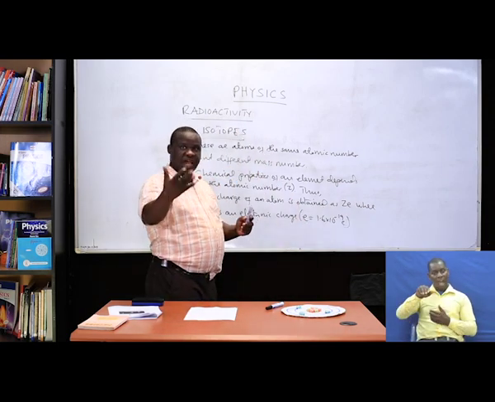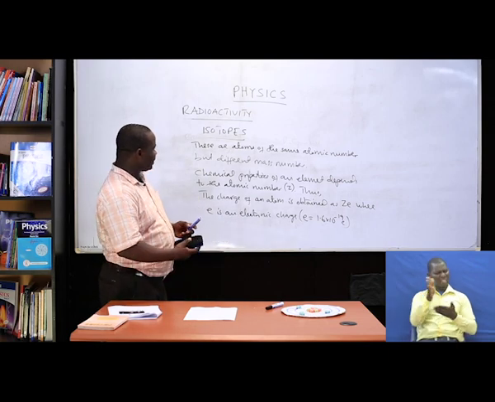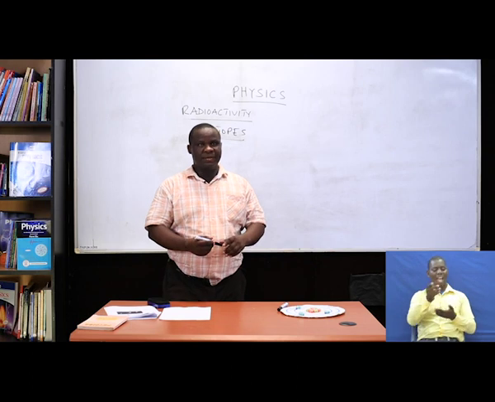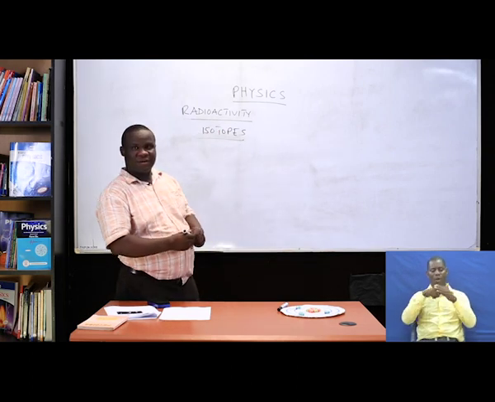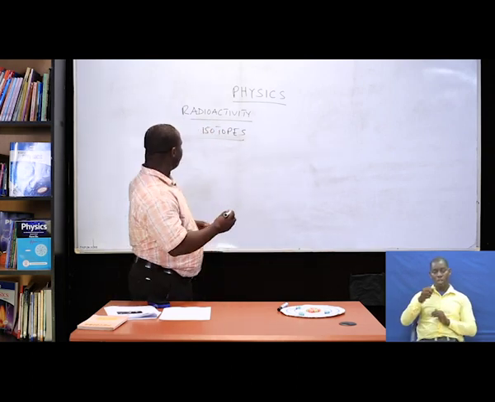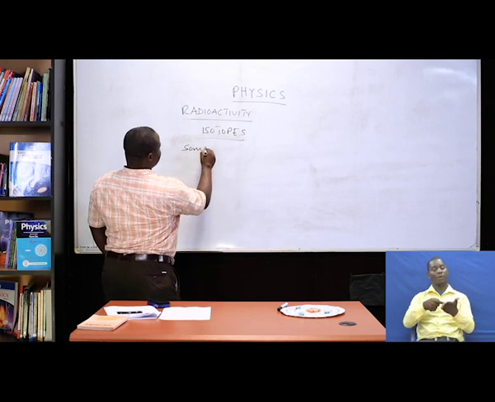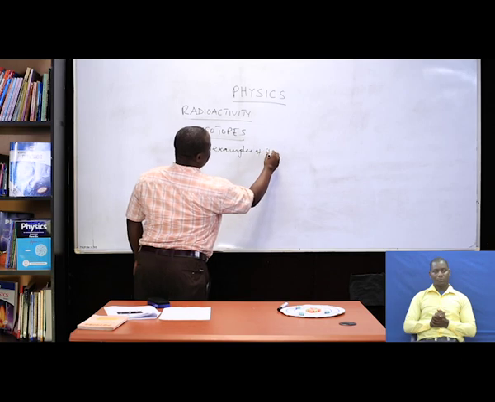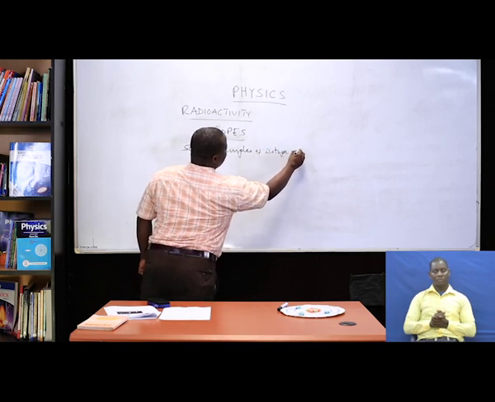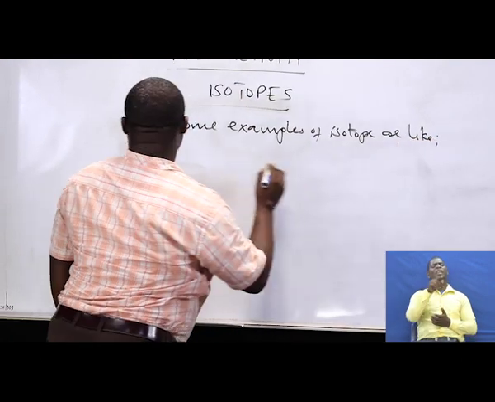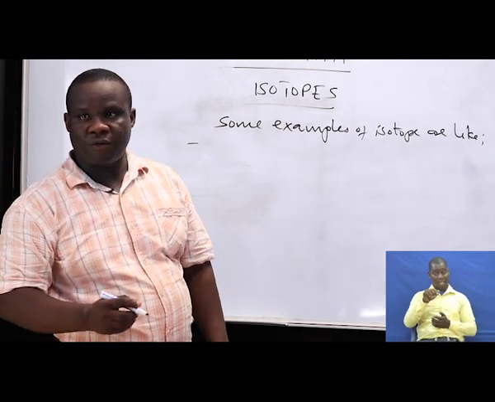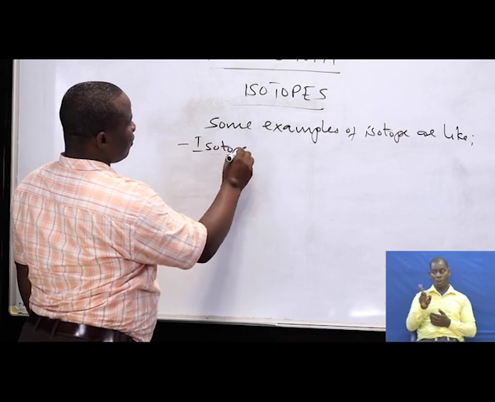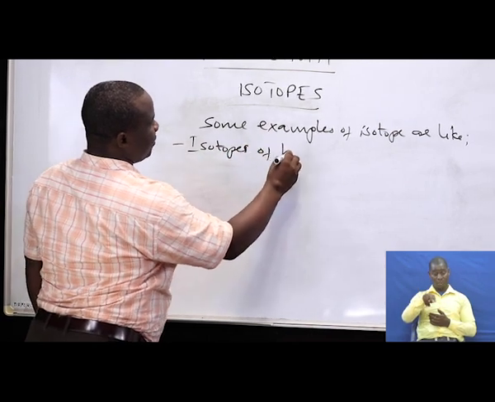Now the isotopes, we have said, come in several kinds. Let us see a few isotopes. Dear students, some examples of isotopes are as shown here, like the isotopes of hydrogen.